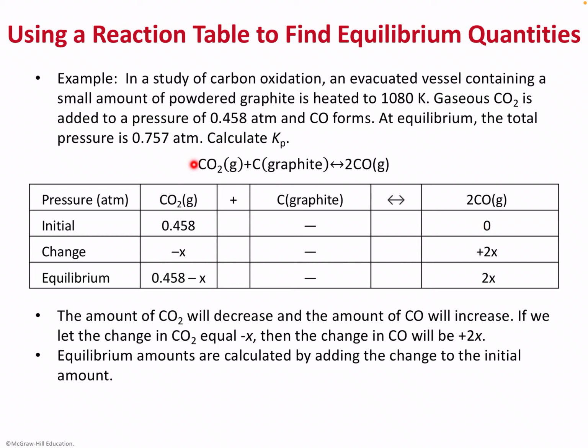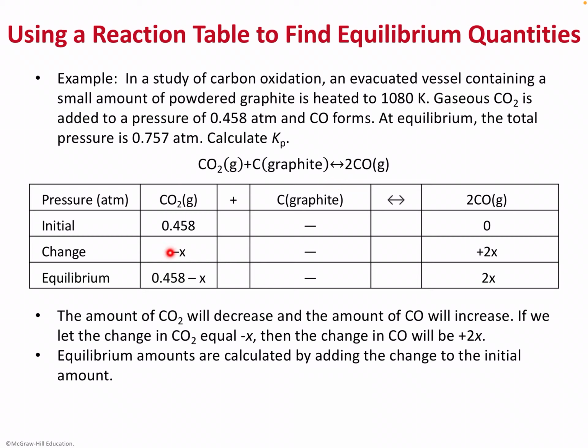So if 1 mole of carbon dioxide reacts, how many moles of carbon monoxide form? 2 moles. 1 mole of carbon dioxide reacts means whatever the amount that you started with, you are going to use it up, 1 mole. So similarly, X amount of carbon dioxide is going to be used up, 2x amount of carbon monoxide would be formed.